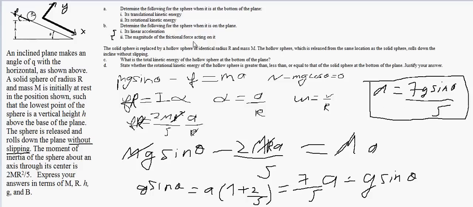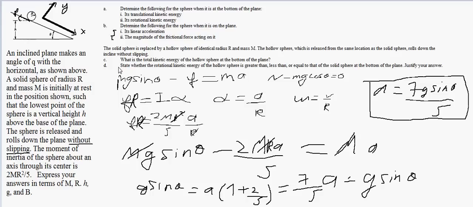And then the magnitude of the frictional force acting on it: you just plug the acceleration right here and solve for F. It doesn't help to understand the conceptual things, it's just algebra, so you can do it. It's very easy. Now here we have two interesting questions.